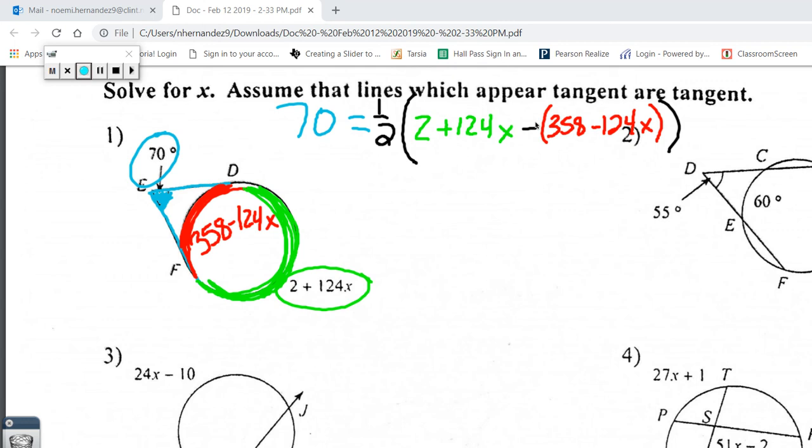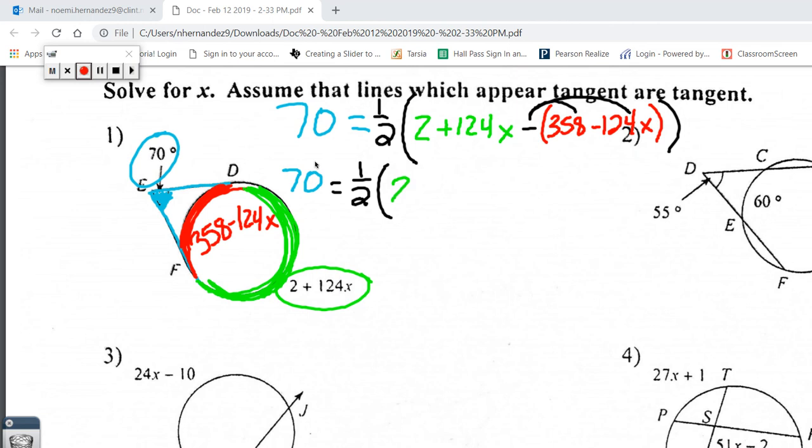So let's work inside of our parentheses and try to combine like terms and get rid of all the parentheses that we have. Remember, every time I have a negative outside parentheses, I distribute to both. My 70 is not going to change. The 1/2 is staying the same.